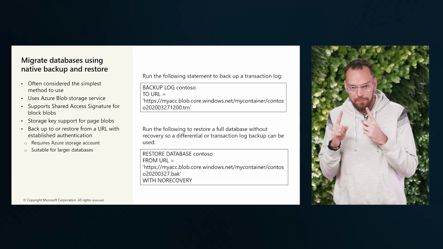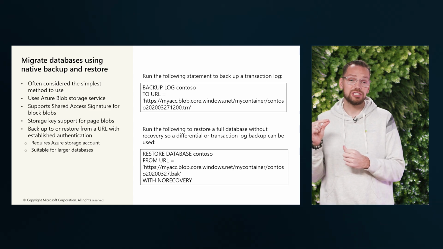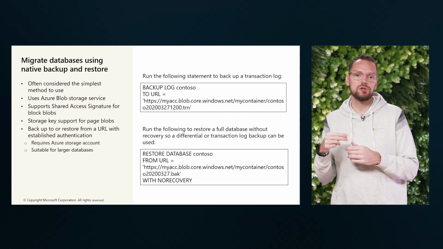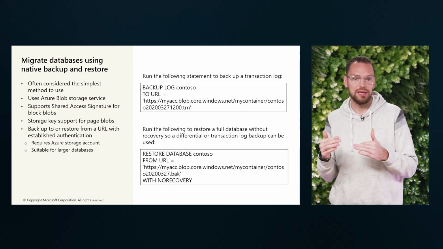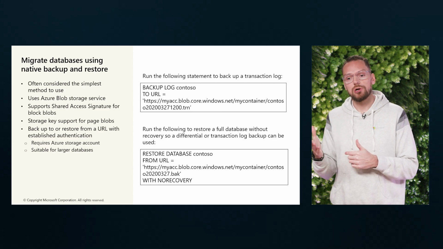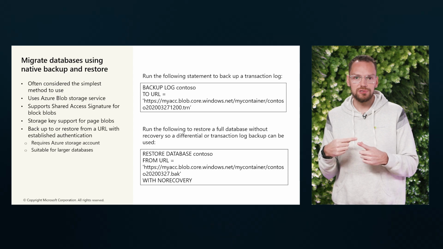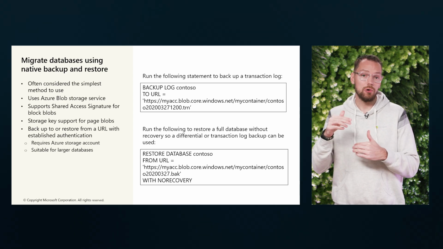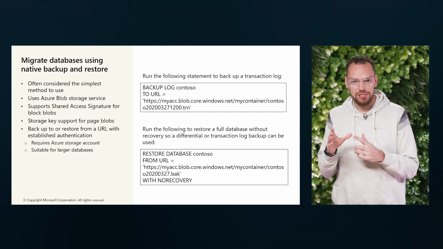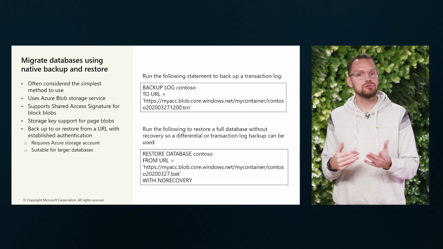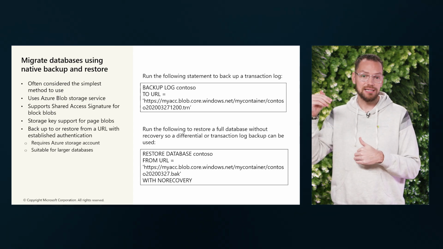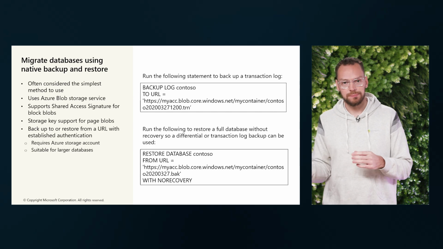It's important to note that it supports the Shared Access Signature, or SAS, allowing for secure access to the blob, to the storage account, and also accommodates storage keys for page blob scenarios. We could also back up to or restore from a URL with established authentication to make the process easier, but also faster, because you don't have to move the backup file as it is already saved on Azure.